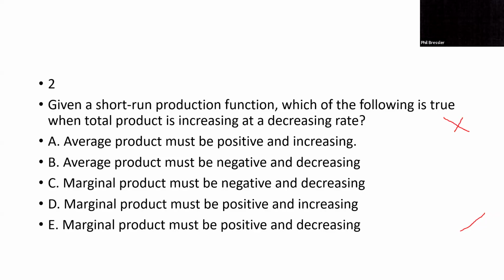So it could be in the downward sloping part. So marginal product is decreasing, but since it's positive, total product is increasing, but less and less each time. And total product only starts to decrease when marginal product crosses the axis and goes negative.